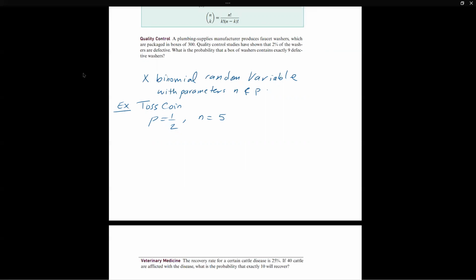So k will go 0, 1, 2, 3, 4 and 5, and the probabilities are 1 over 32, 5 over 32, 10 over 32, 10 over 32, 5 over 32, and 1 over 32.